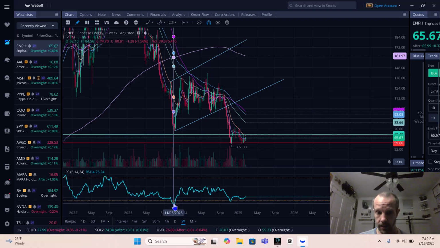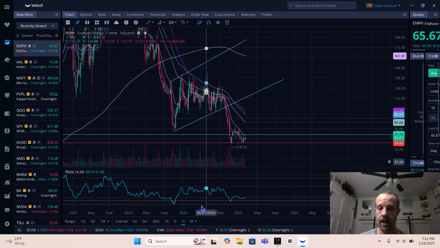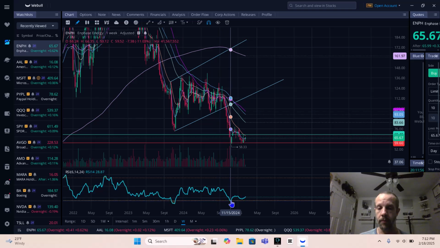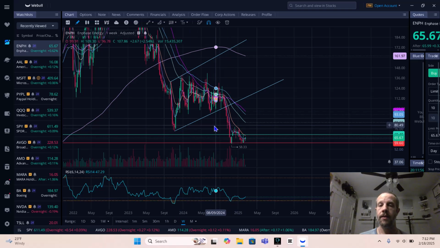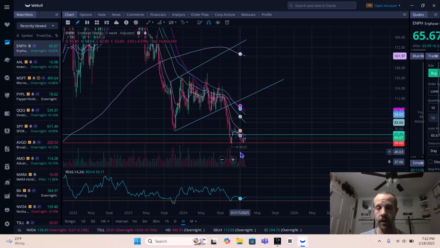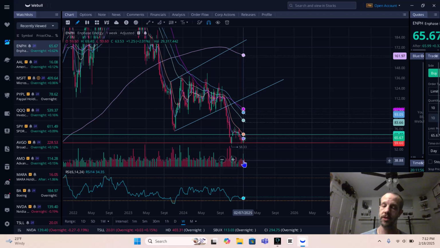Whenever we see this line perform inversely of a stock price, it's usually a sign that the direction of the stock, whatever it's been moving, is going to be reversing soon.